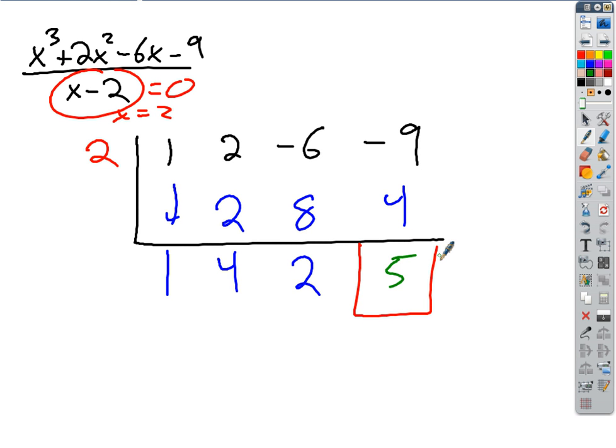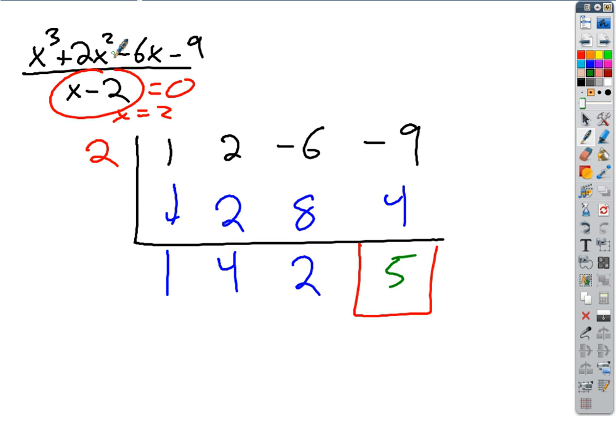Okay. So here's how we interpret that then. This is our remainder. Now in synthetic substitution, remember what that meant. It meant that if we were to plug 2 into the numerator, in this case into this polynomial, that was the value of the polynomial at x equals 2.